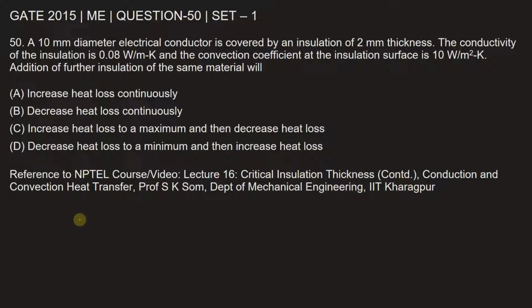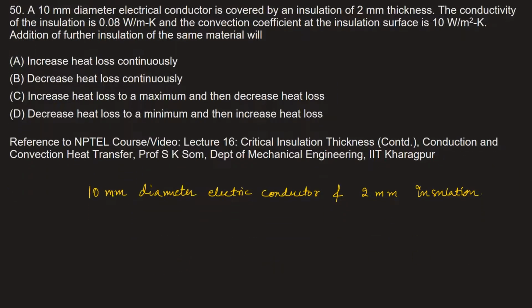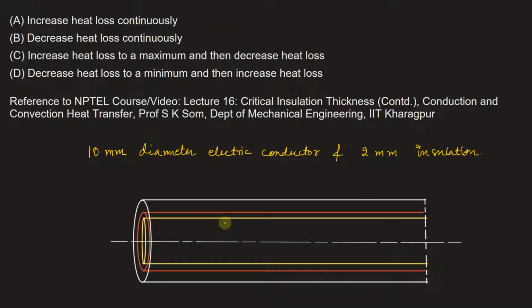So in the problem we are given a 10 millimeter diameter electric conductor, and it is covered with 2 millimeter thickness of insulation. Let's first draw the wire here. Let's say this is the given conductor.